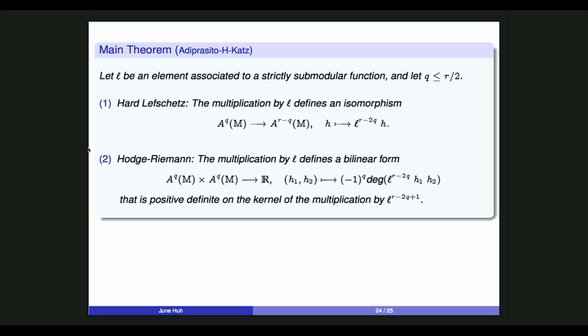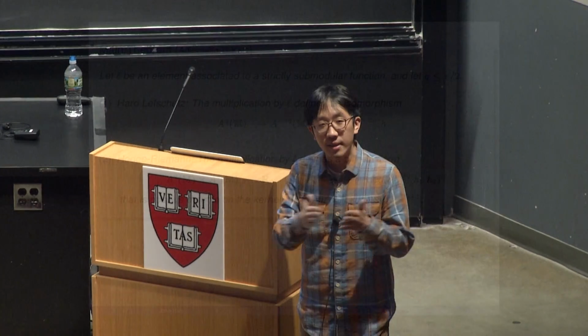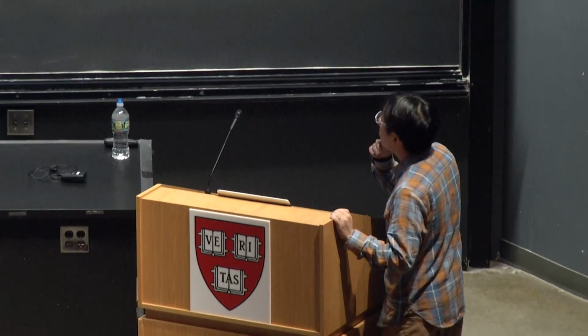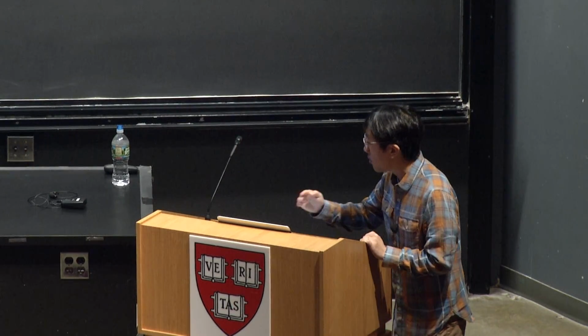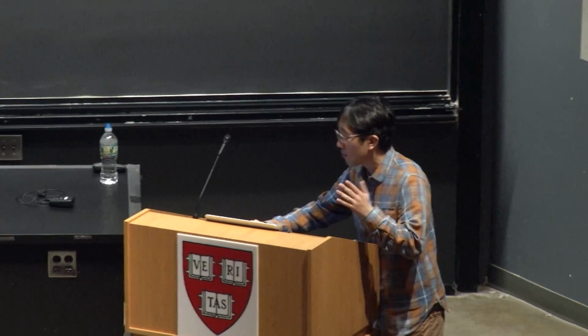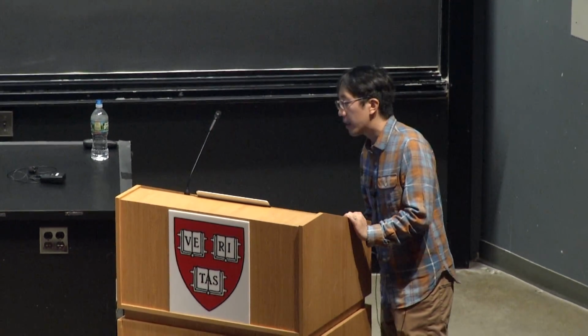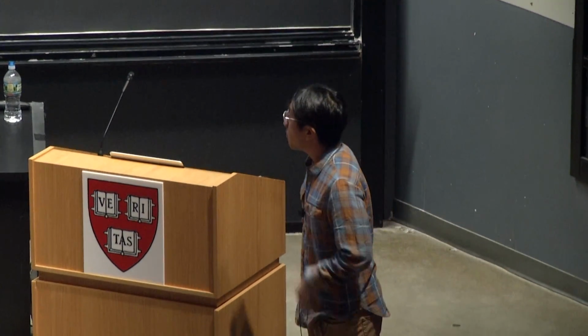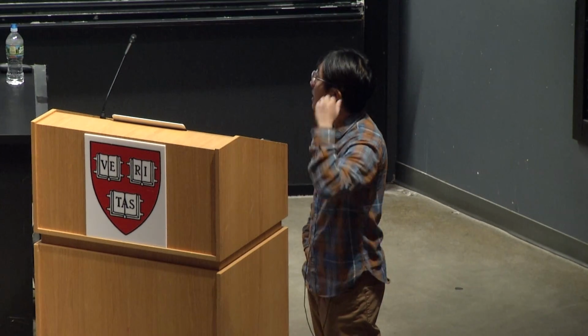And this time, it is the second statement that is responsible for all these quadratic inequalities. So in particular, this Hodge-Riemann relation implies the log-concavity conjecture for that matroid, the quadratic inequality conjecture. So let me try to convince you why that is the case.